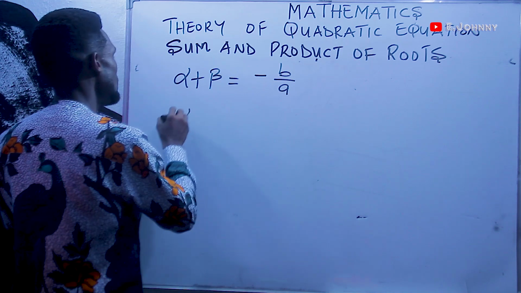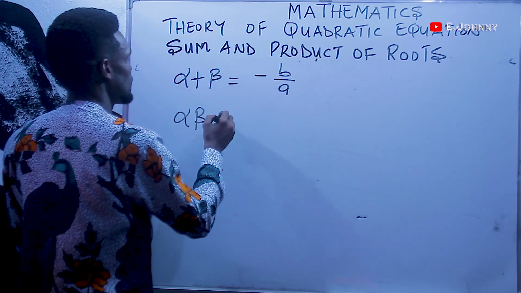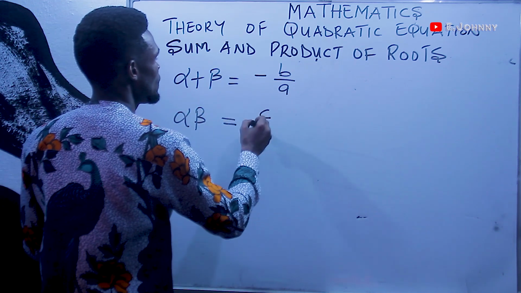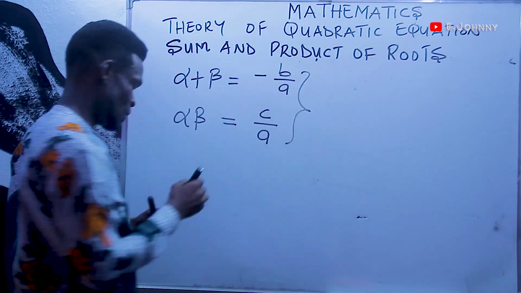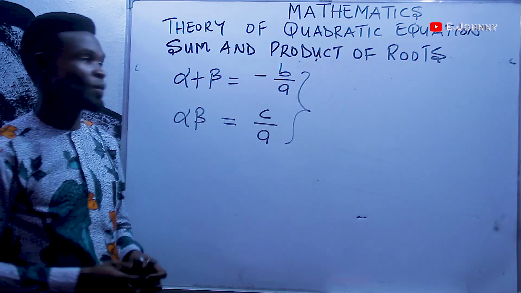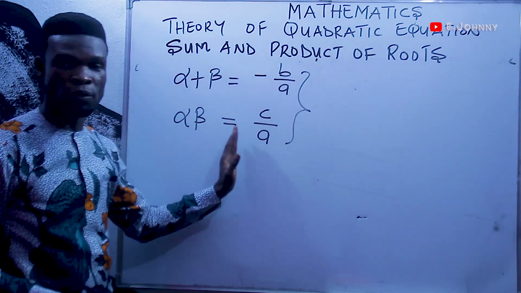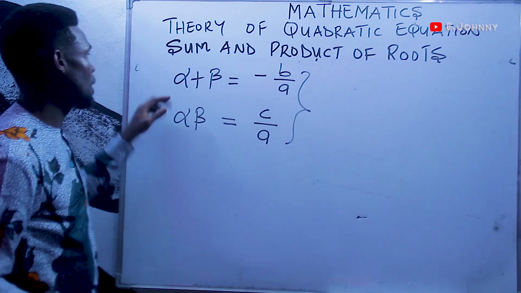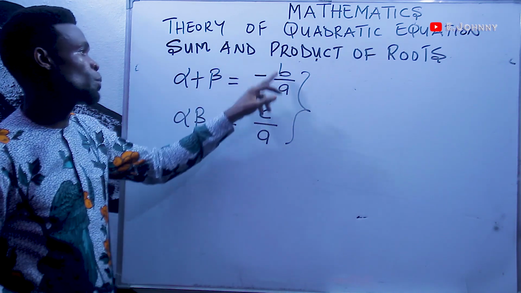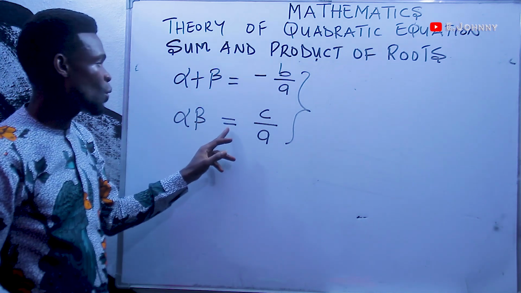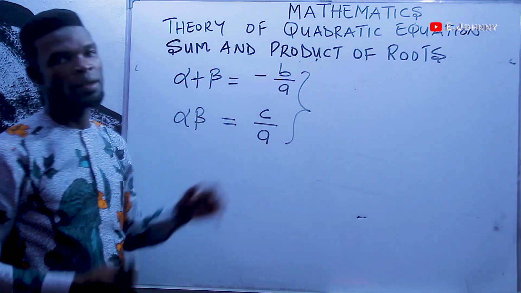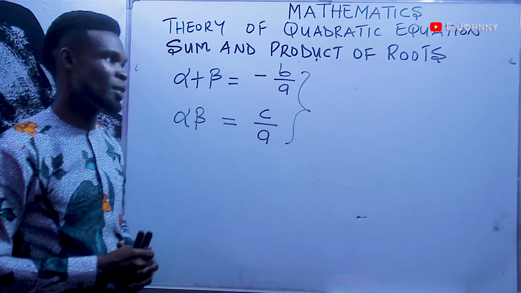And whenever you are dealing with product of roots, it is c over a. Don't forget these two things as far as this subheading, sum and product of roots, is concerned. That alpha plus beta is minus b over a, and alpha beta, which is product of roots, is always equals to c over a. Never you forget.